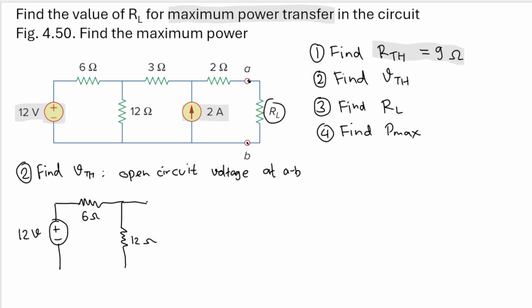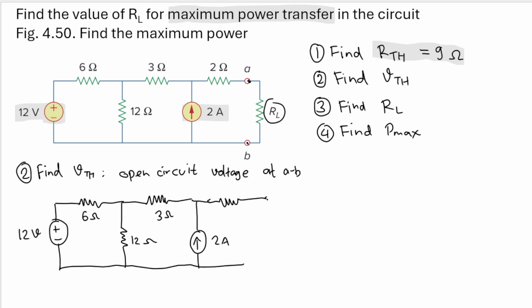Then we still have this 3 ohm resistor, and this 2 ampere current source. And then we still have that 2 ohm resistor here.